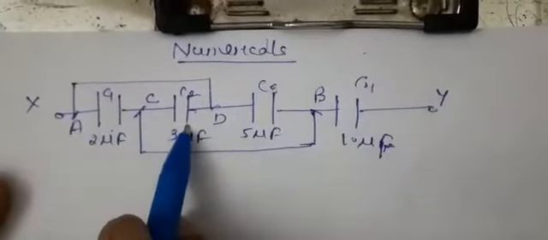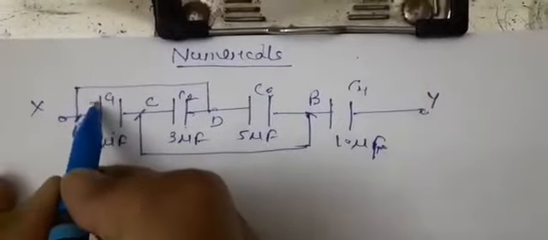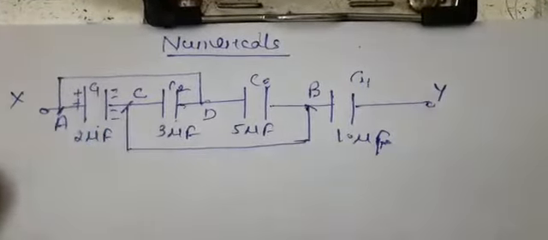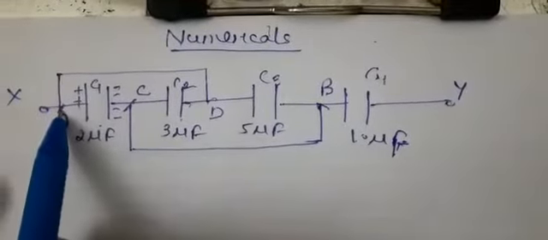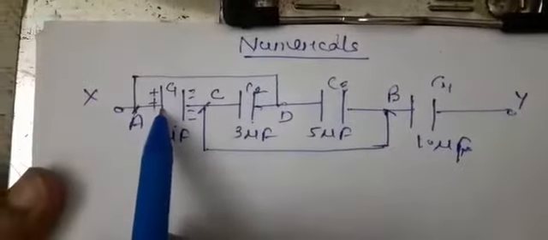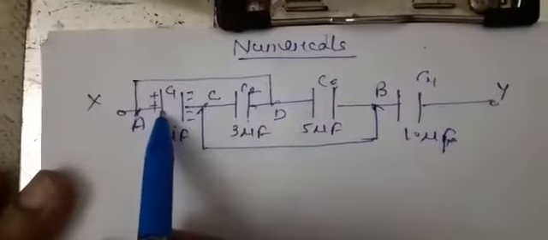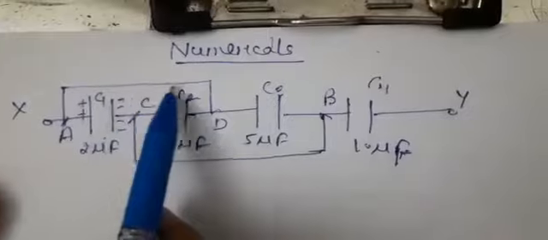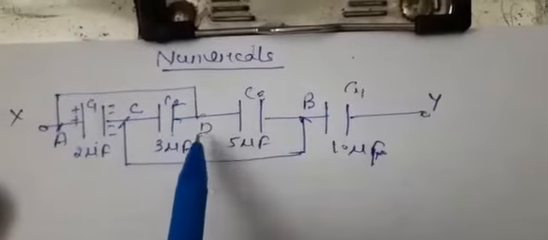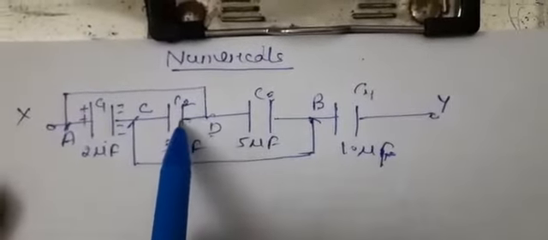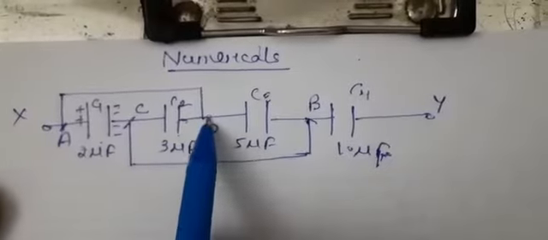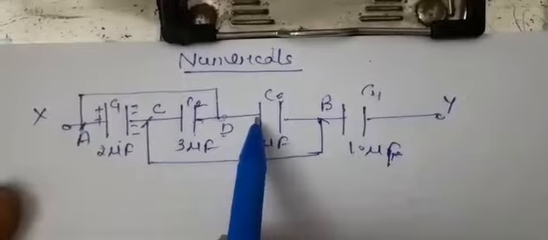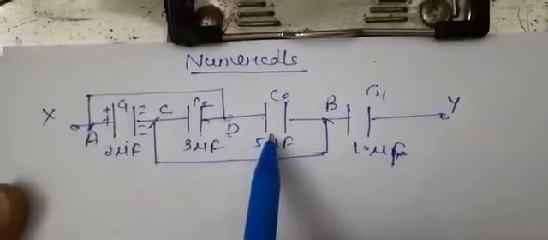Let this plate be positive and this plate negative. Now this A point is connected to the first plate of C1, as well as through this lead wire it is connected to point D, which is connected to the second plate of C2, and this here is the first plate of the third capacitor.